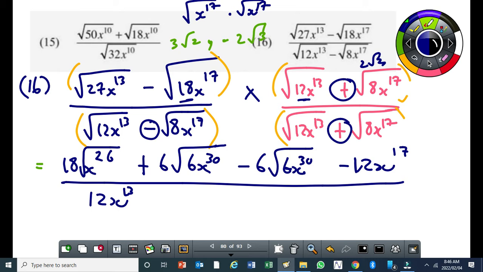Alright. The denominator, can I have your attention? Remember, I told you that for the denominator, there is no need to do FOIL throughout. You multiply the first term here by the first term there. You get 12x to the power of 13. Then you multiply the second term and the last term. Because the middle term will give you 0.